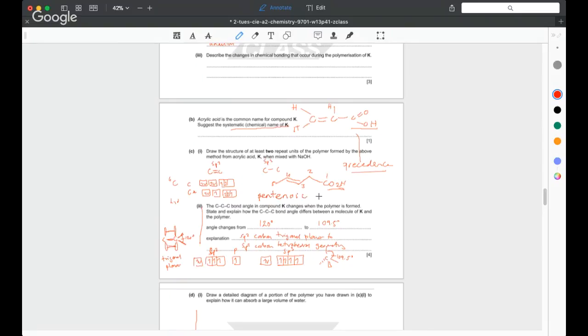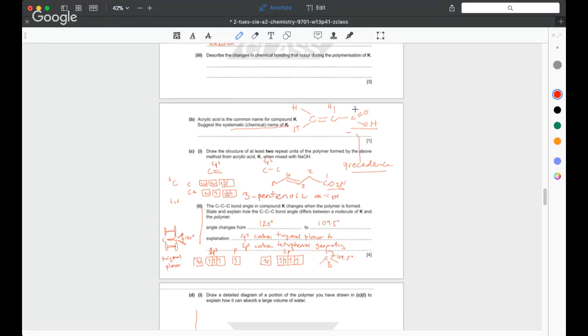All right, so that's pentenoic acid, and because the ene, the alkene bond there, is at carbon number 3, it doesn't have precedence. The carboxylic acid has precedence or has priority. So that would be 3-pentenoic acid.